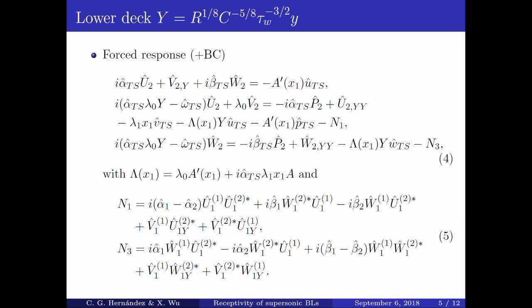Here I'm showing, as an example, what the equations look like for the forced response of the lower deck. We have taken asymptotic expansions for every variable when the Reynolds number goes to infinity. On the right-hand side there are terms coming from the TS wave, and also N1 and N3, which are nonlinear terms coming from the sound wave itself.